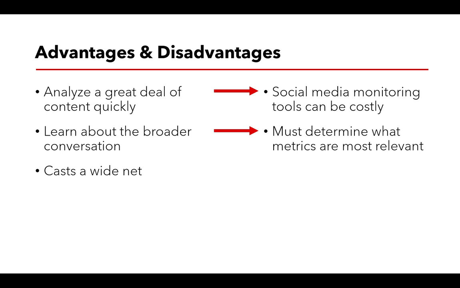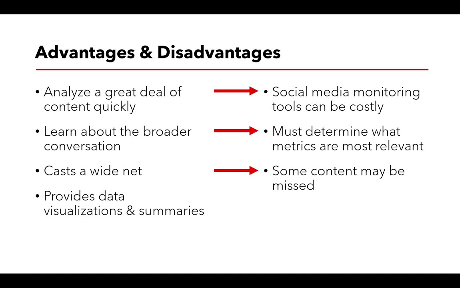Third, these platforms allow you to cast a wide net to see what the online conversation is, but they are not perfect and some content may be missed. Finally, these platforms provide robust data visualizations and summaries, but you still need people who can help interpret that information and use it to make decisions.